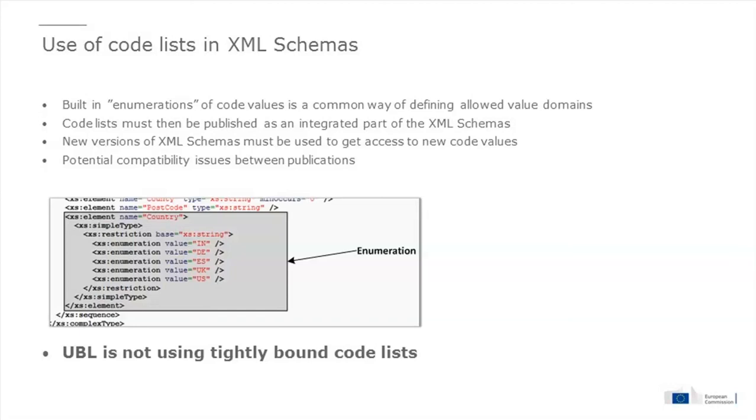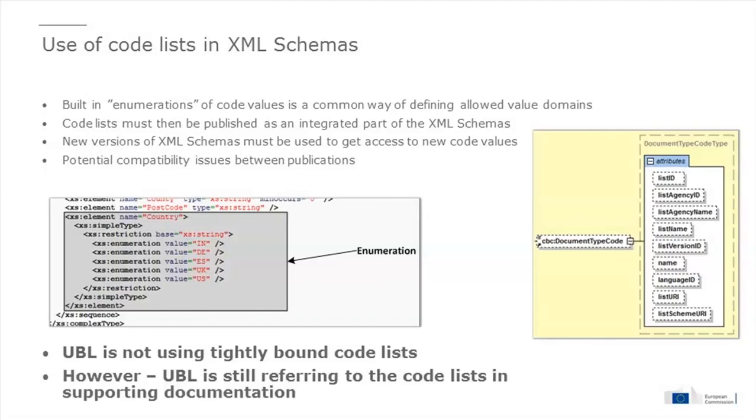In the case of UBL, it is not using any enumerations, so there is no tightly bound code list. Instead, UBL is pointing to the code list in the documentation, and then the data types or the elements have supplementary components or attributes used to say which code list is being used.